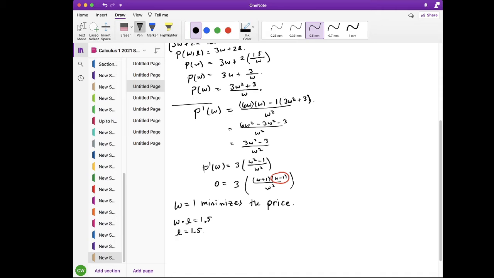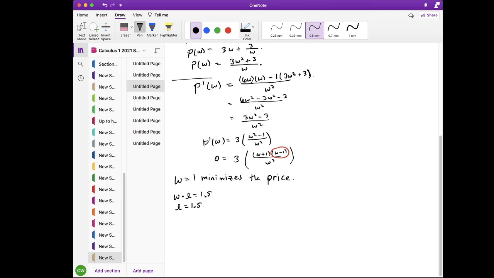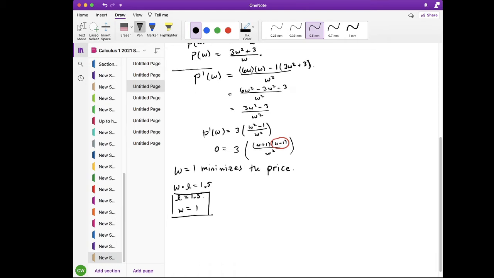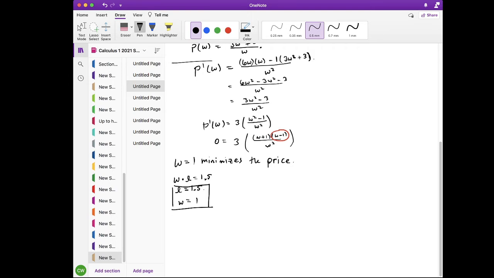Okay. So these are the dimensions, 1 and 1.5. Any questions about that? Okay. So let's go on to the next one.